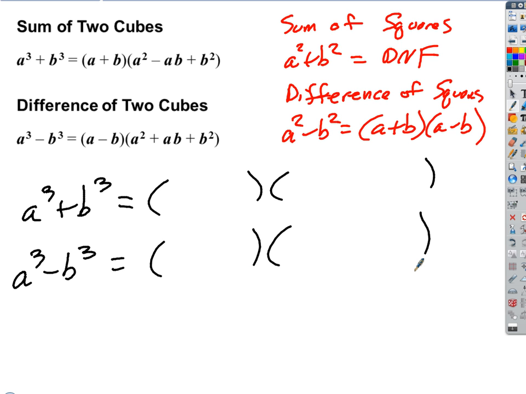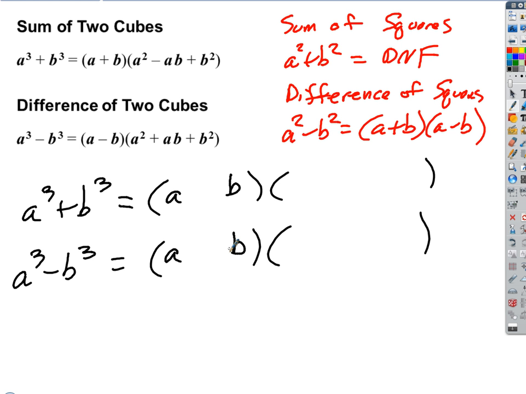The small factor is really simple. The two terms in the small factor, in both cases, are just a and b. We'll put the signs in later.